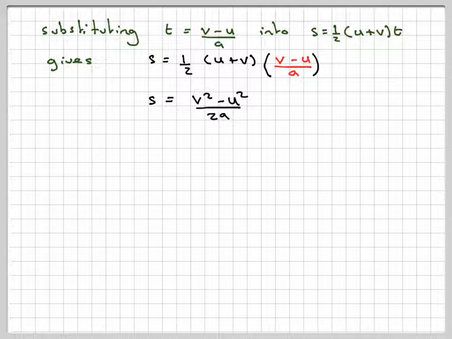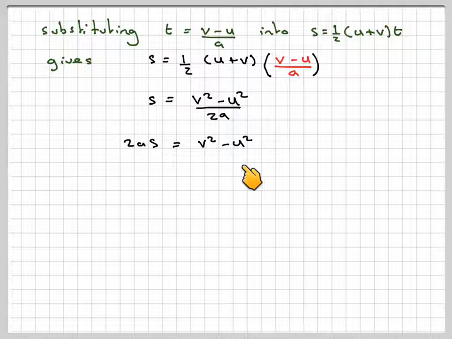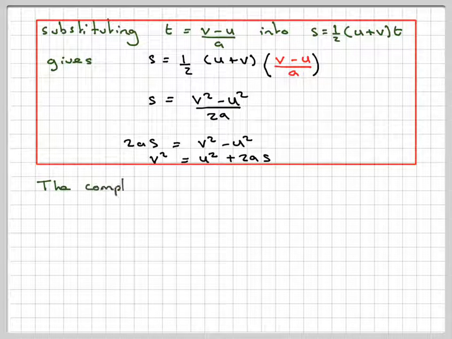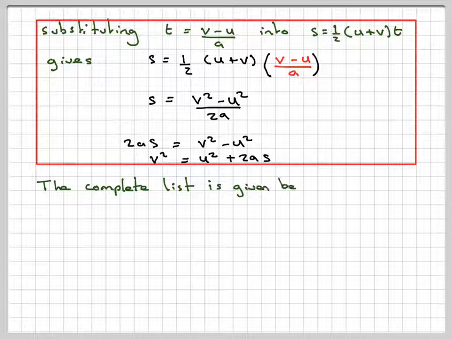So that's going to give me, if we expand this times this using the difference of two squares, v squared minus u squared over 2a, from this 2 here. And then rearranging that, we're going to have 2as is equal to v squared minus u squared. And then we have the final velocity squared is equal to u squared plus 2as.